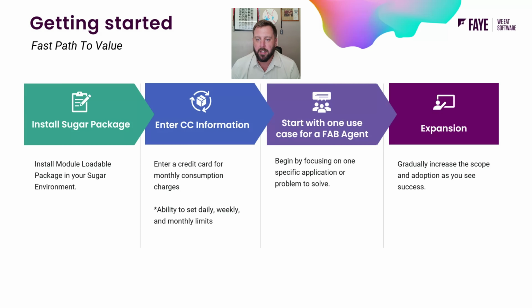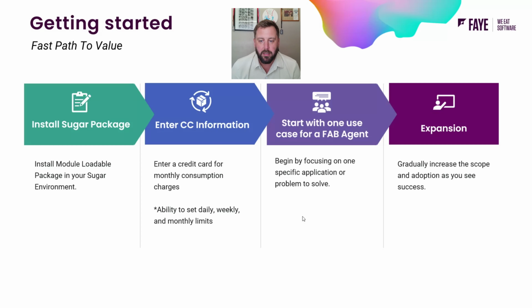So really, the path to get started. Like I said at the beginning, it is very quick and easy to get started with this. Once you purchase Faye Agent Builder, there is a module loadable package that we would just put into your Sugar environment. You would have to enter credit card information for monthly consumption, because every time that you ask FAB, there would be a small consumption cost based off of the prompt that you've written and the model that you've selected.